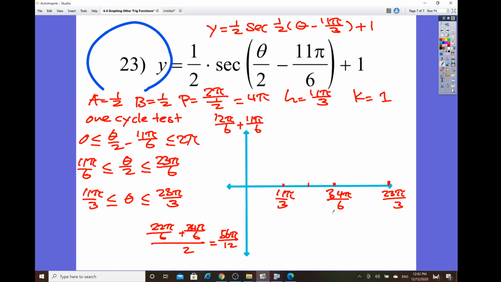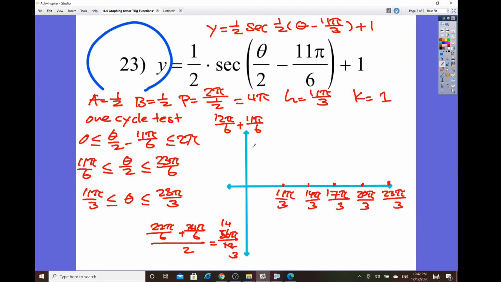This one you just want to reduce, so 17 pi over 3. And this one, divided by 4 top and bottom, 14 pi over 3. So this one just keep adding 3 pi over 3, 20 pi over 3.